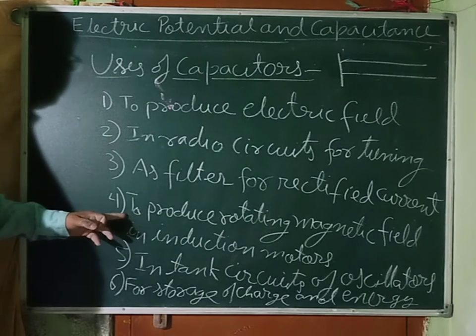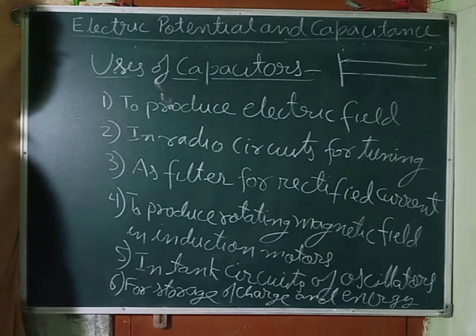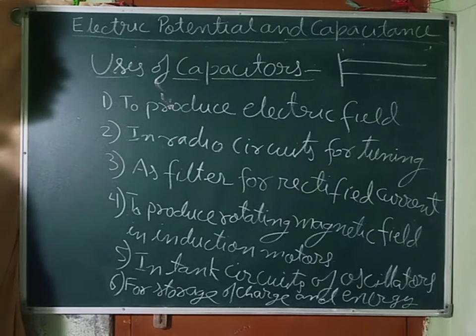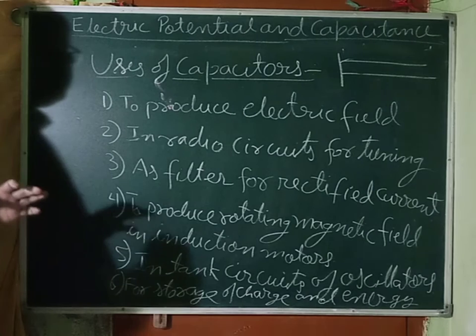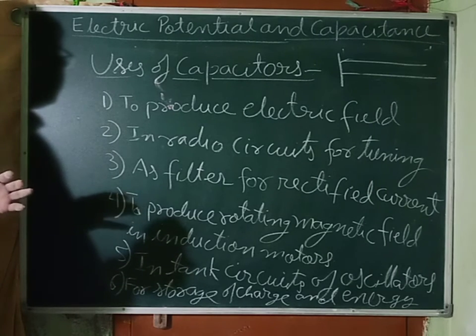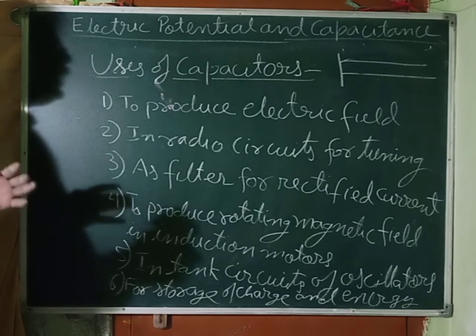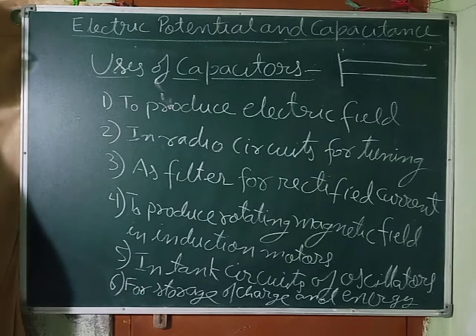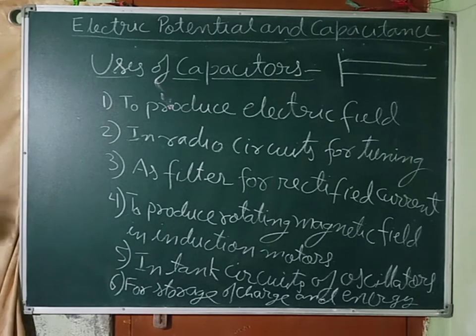Now, the fourth one is to produce rotating magnetic field in induction motors. Induction motors are there, we will discuss them. In those induction motors, the rotating magnetic field is produced with the help of capacitors. Now, there is a circuit known as tank circuit, and it is used for oscillations. So in the tank circuit, in oscillators, it is used.